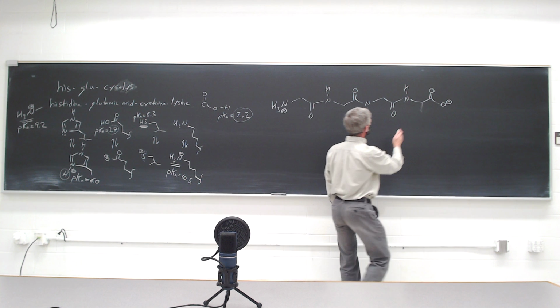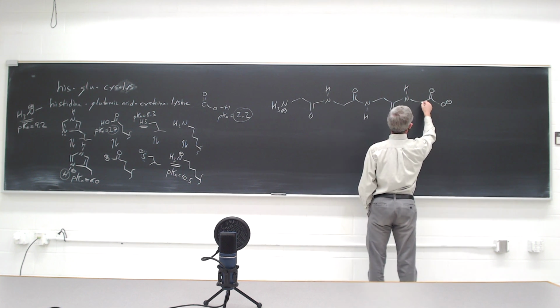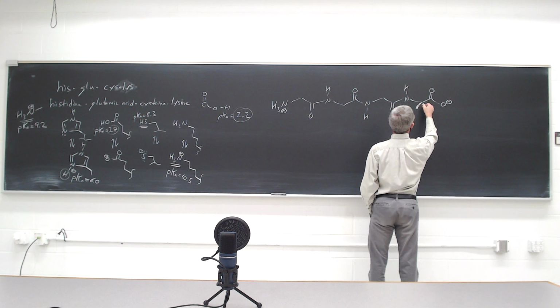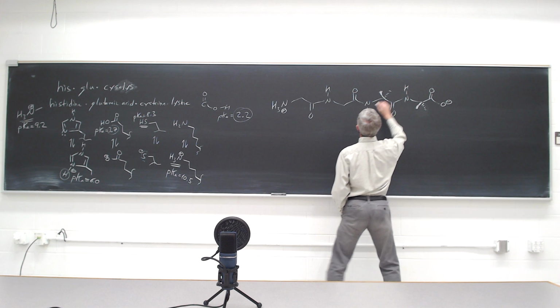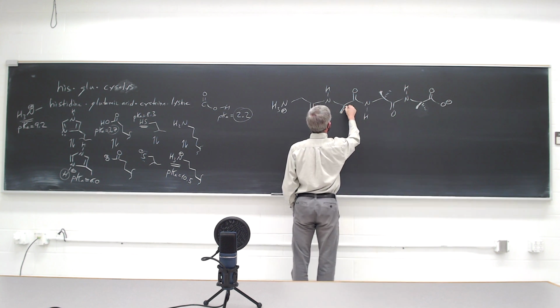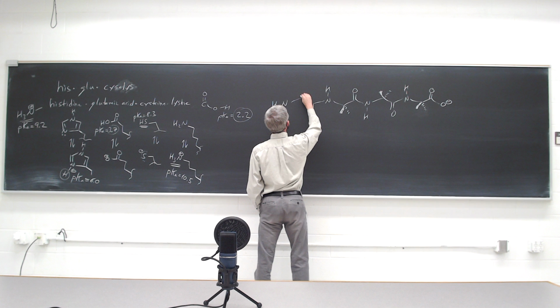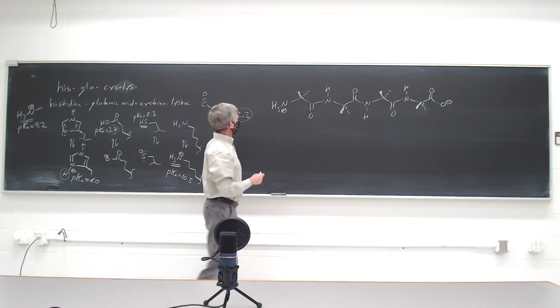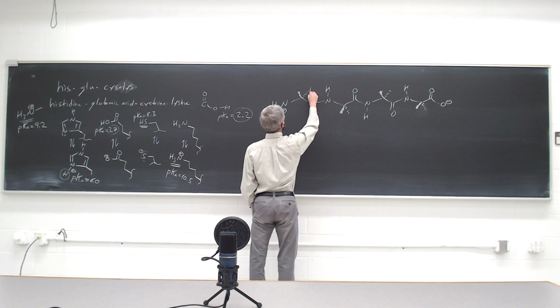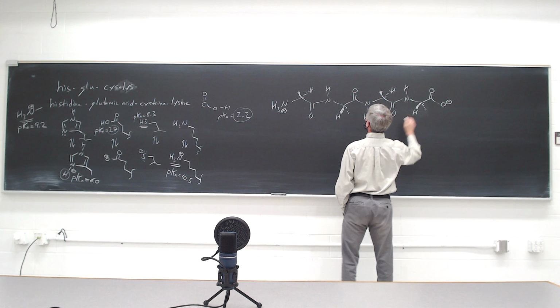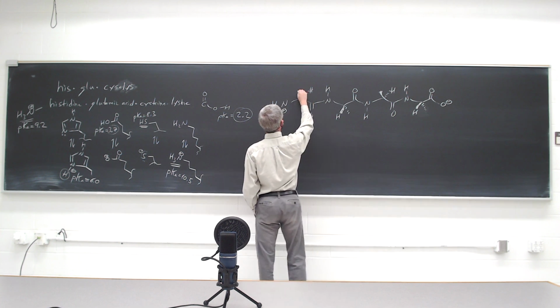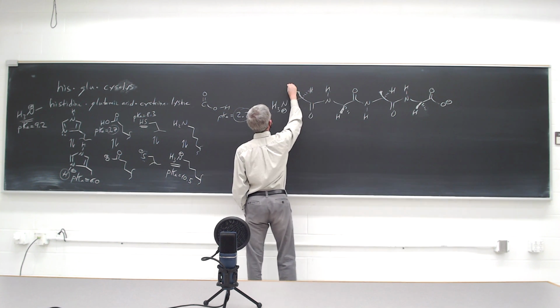Deprotonated, and then we're going to stick the side chains on there. I want to make sure it stays as stereochemistry, so in this case, we need the hydrogen back. So over here, we're going to put our CH2 and then our histidine ring.